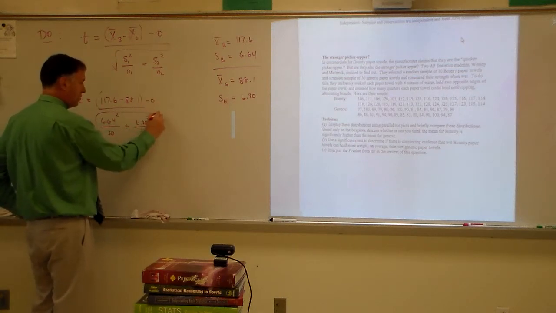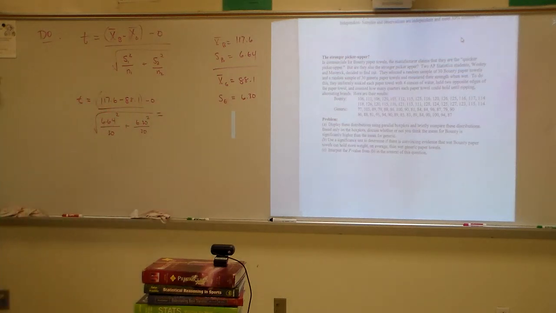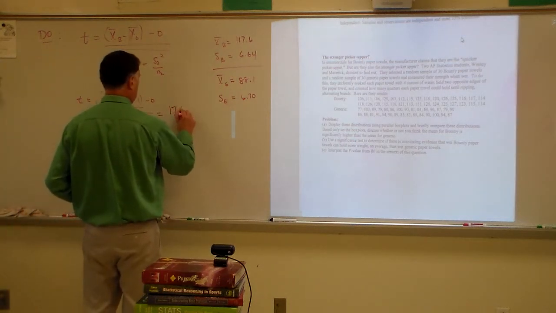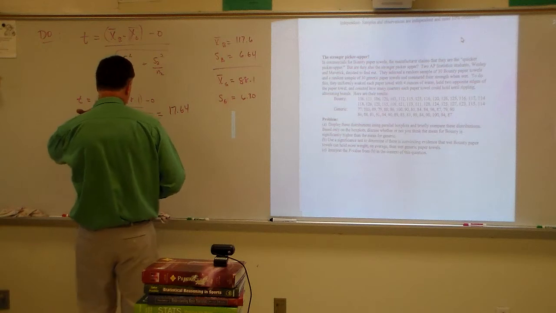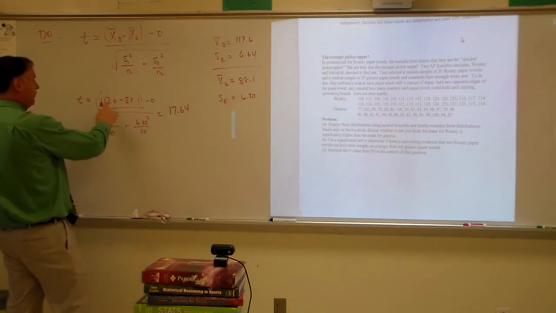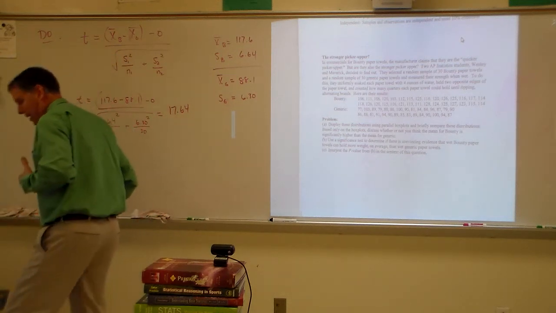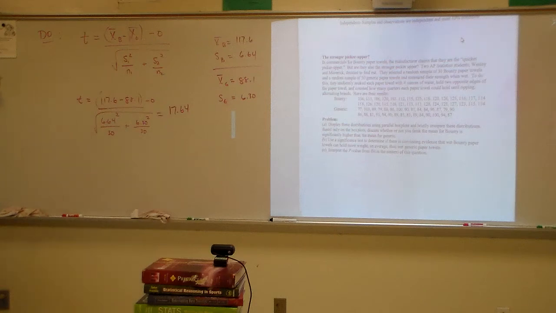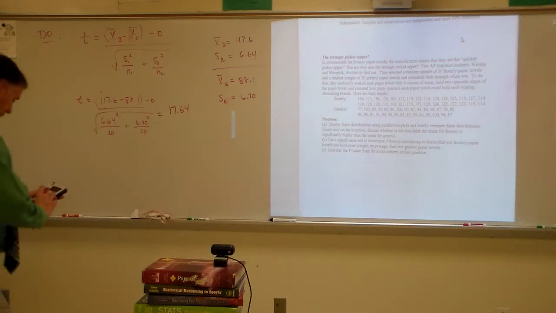We're going to get all this going here. So when I do that, I should get a test statistic of 17.64. Okay? Let's look at what our mean difference ended up being. Let's do that. 117 point, we might use that, okay?